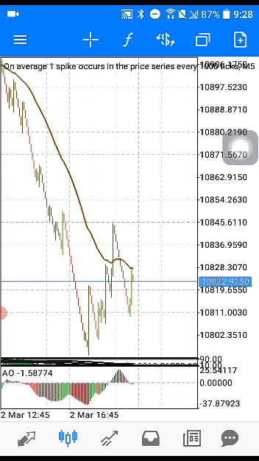So the moving average is going to take the last 50 candles, and one candle is 5 minutes, which is to say 50 times 5 is 250 minutes.